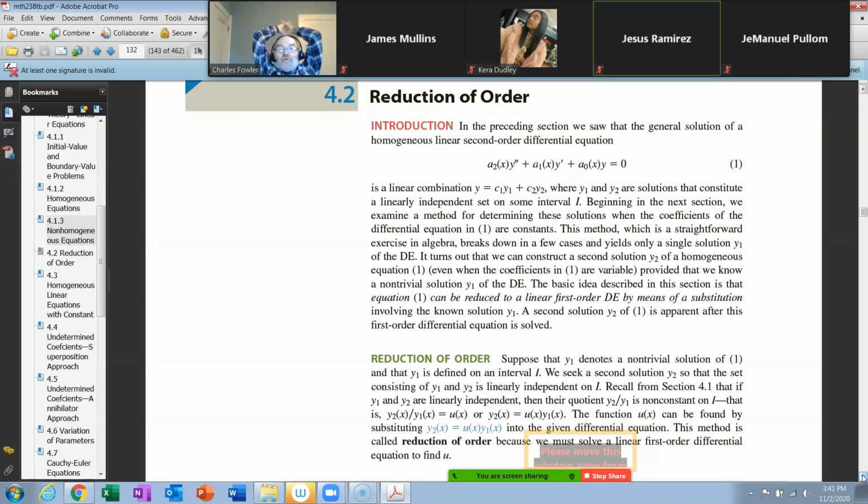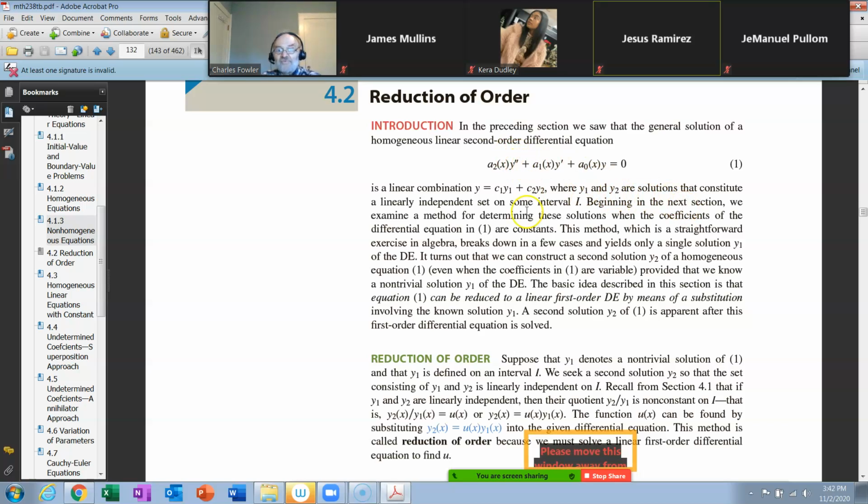4.2, reduction of order. Okay, now in the preceding section we saw that the general solution of a sub 2 of x y double prime plus a sub 1 of x y prime plus a sub 0 of x times y is equal to 0, which goes back to the homogeneous case, is a linear combination c1 y1 plus c2 y2, where y1 and y2 are both solutions, because this is a second order differential equation.